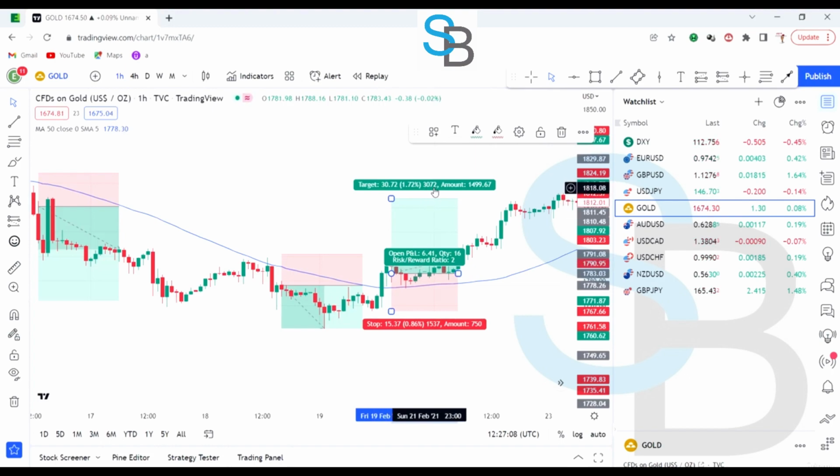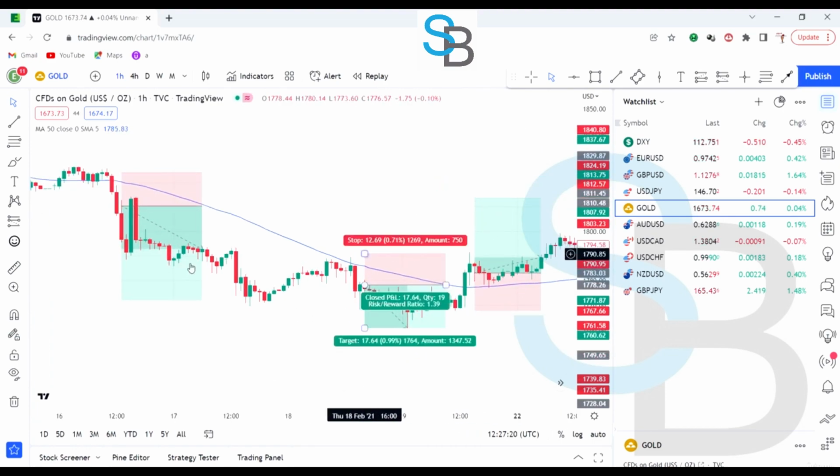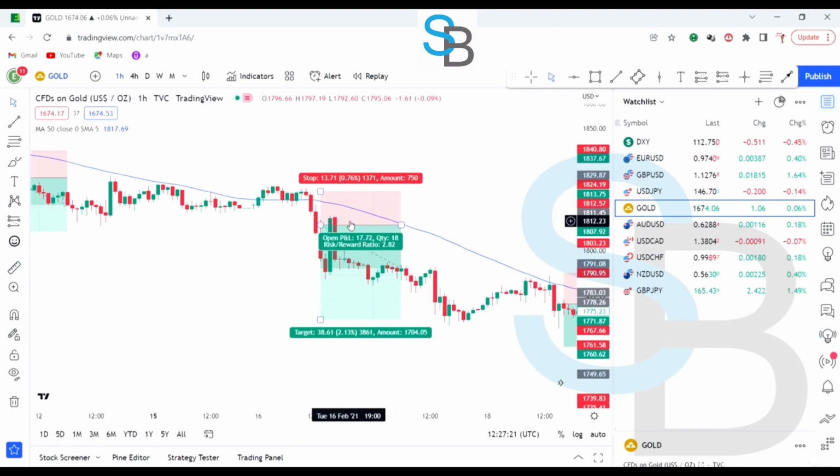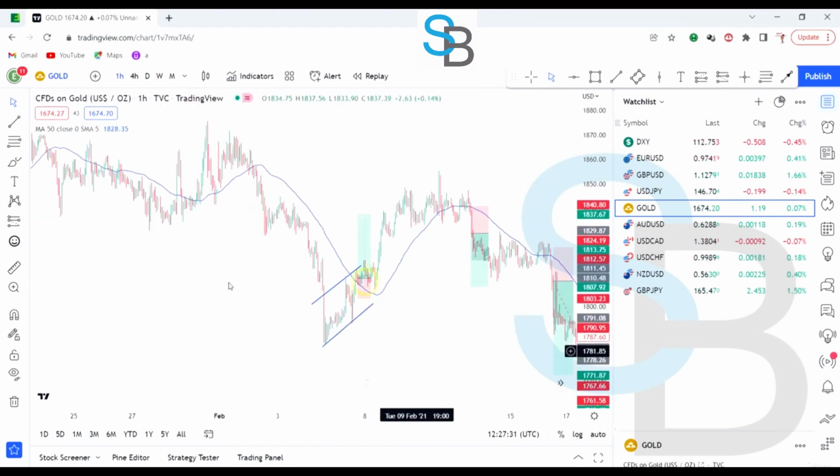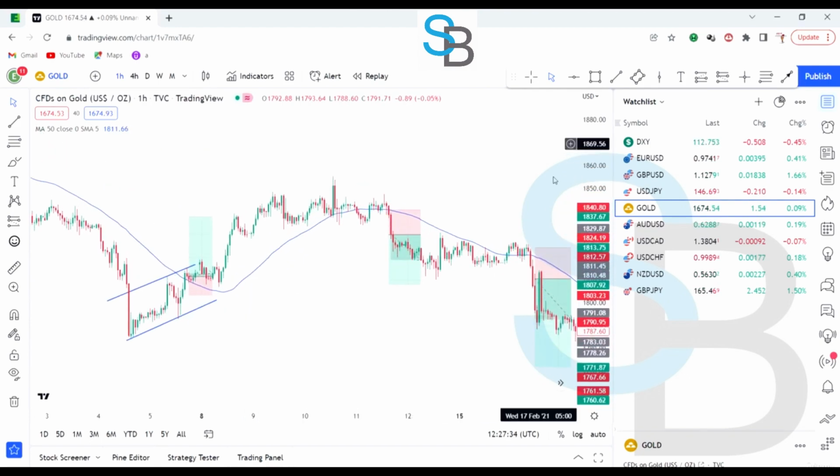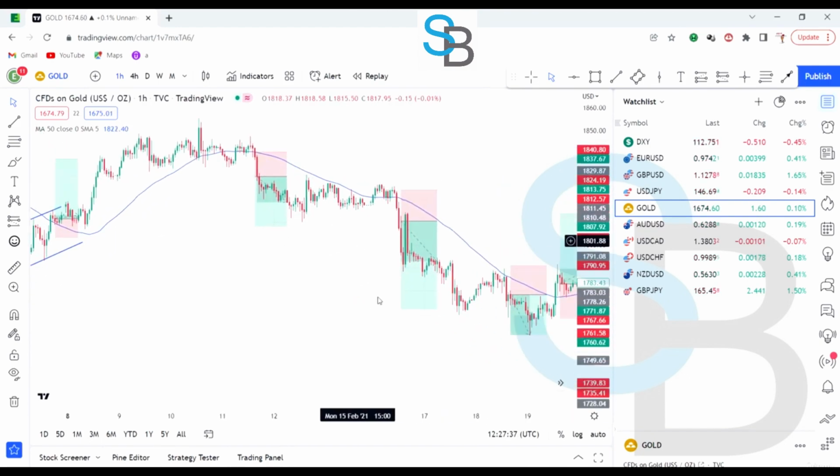Okay, in this case, on this 1 hour, wow, we'll have bagged 307 pips in this move alone. I think we won this move, right? Yeah, we won this move. In this move alone, we'll have bagged 386 pips on gold. So as you can see, this strategy works very well on gold too.